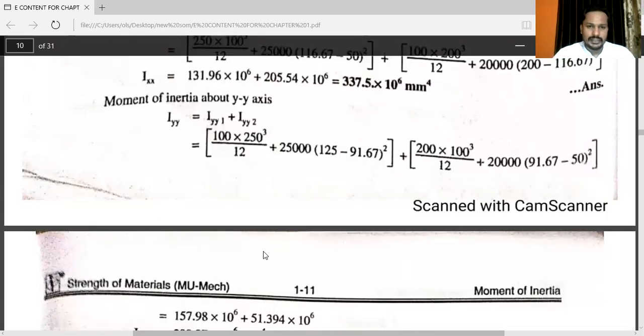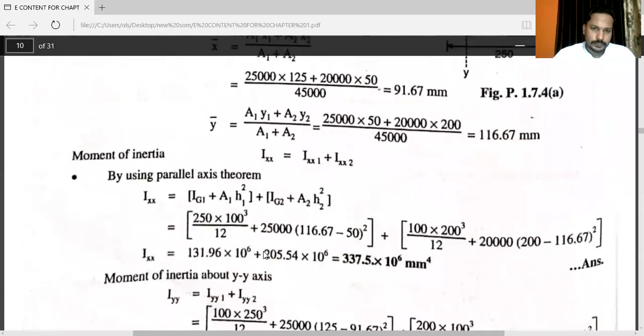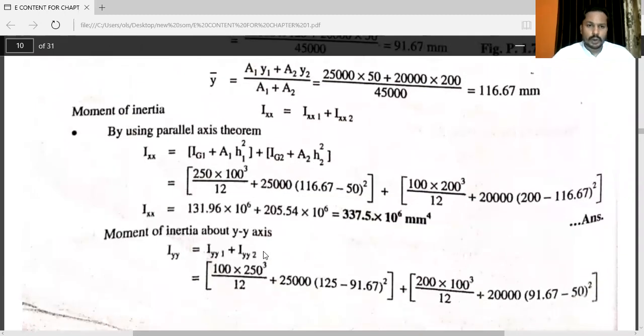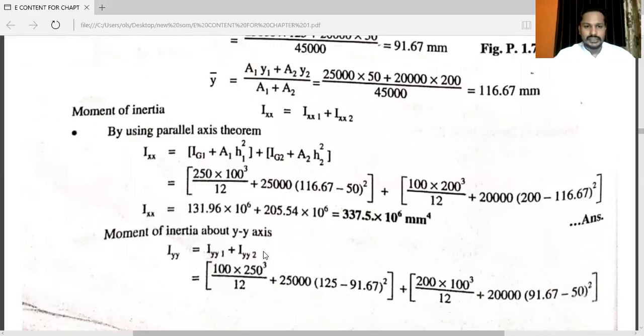Here I am again explaining a few things. I know the problem is lengthy, but the important thing is putting the values. While putting the value of h1 and h2, you will face some difficulties, but while taking xx, you have to consider the value of y bar minus y1, y bar minus y2.